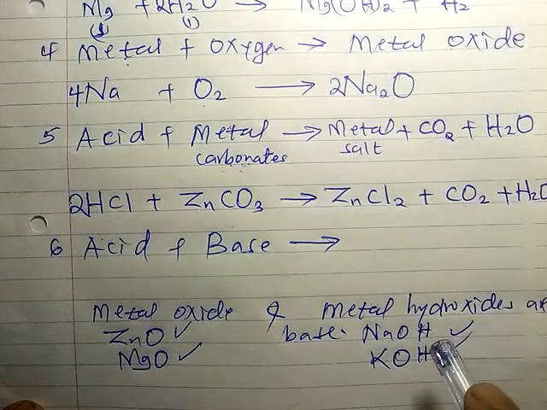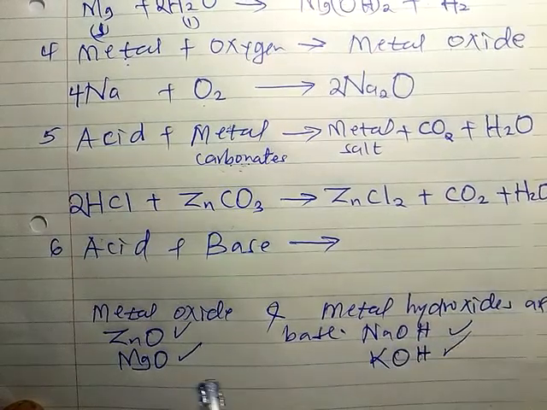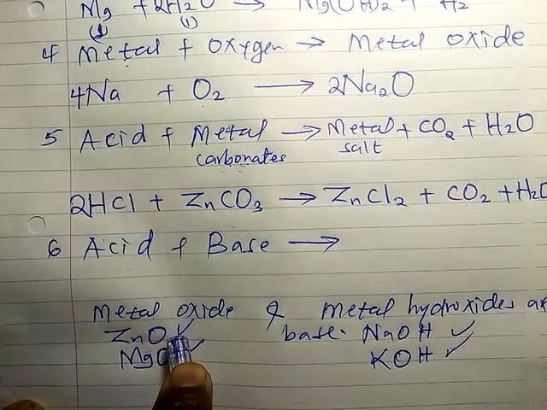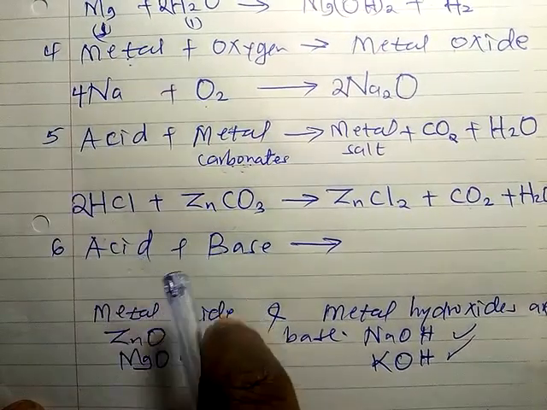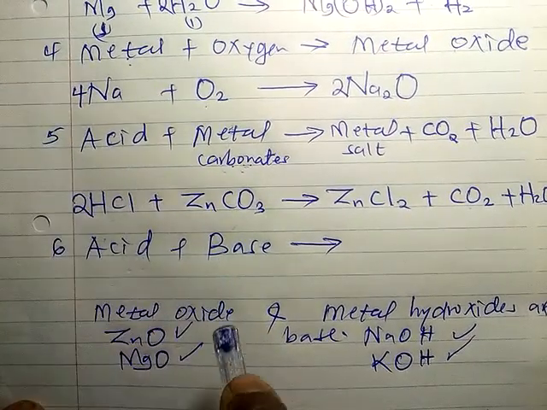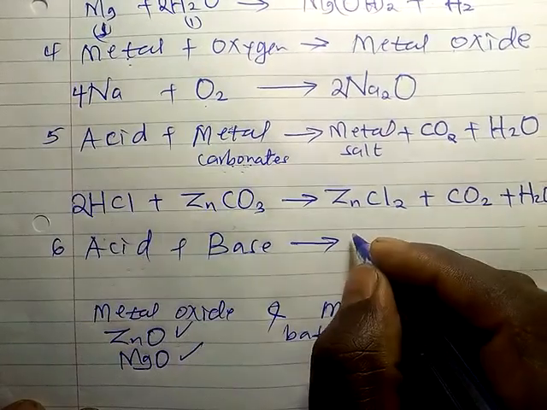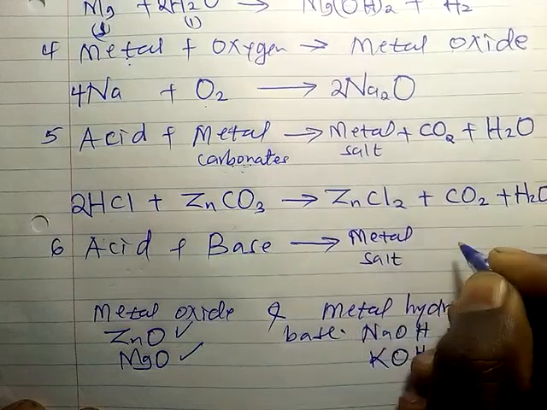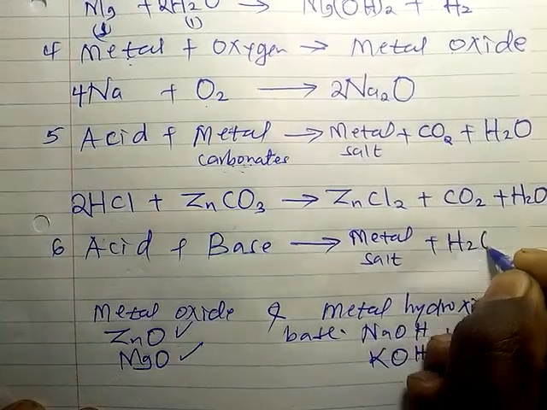So whenever you see a hydroxide reacting with an acid, whenever you see a metal oxide reacting with an acid, that one is a base. So an acid plus a base will give you the metal salt plus simply water.